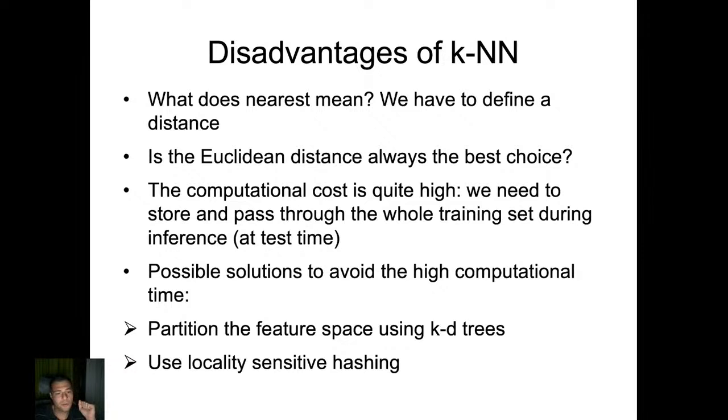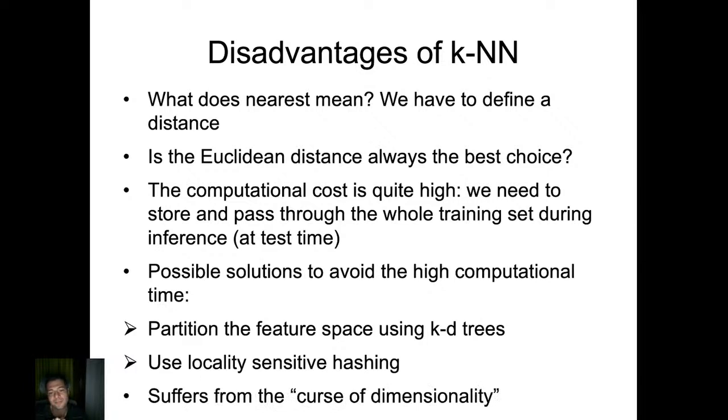Another option is to use hashing functions like locality sensitive hashing, which maps points in the same region of your data space to a single cell in your hash, and it makes it easier to retrieve nearest neighbors.